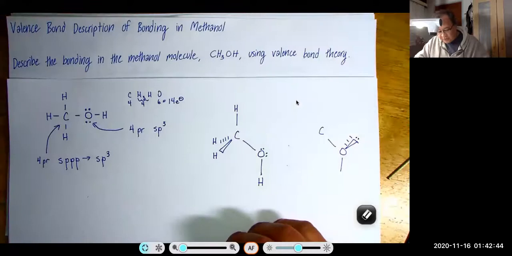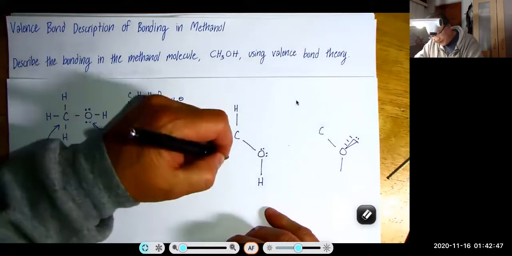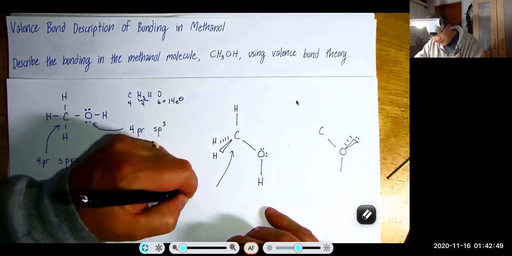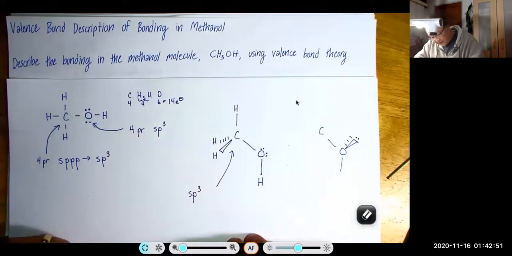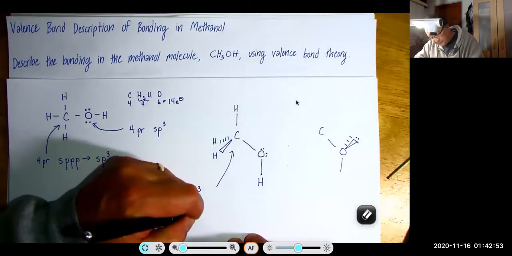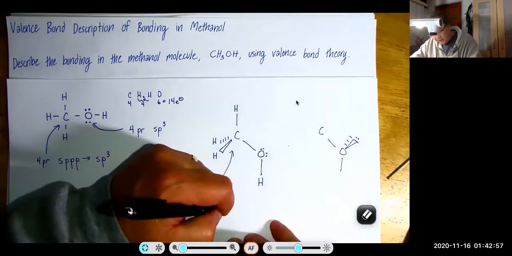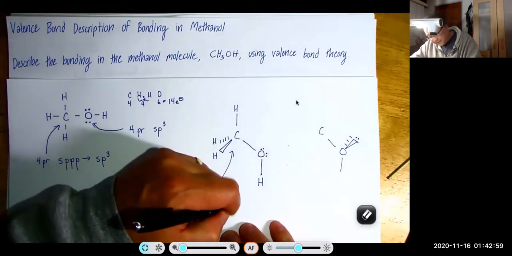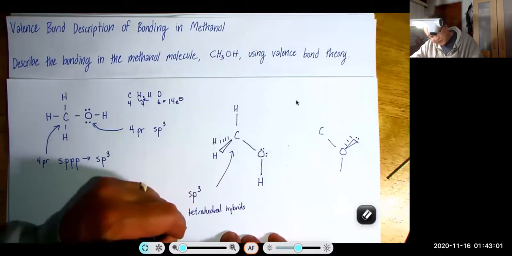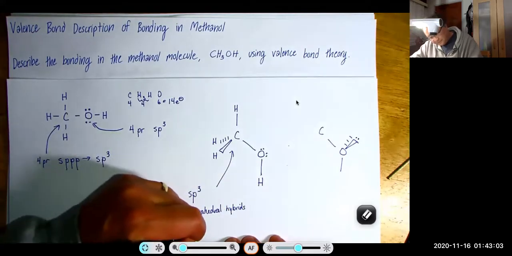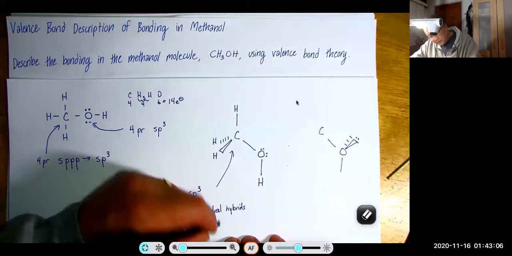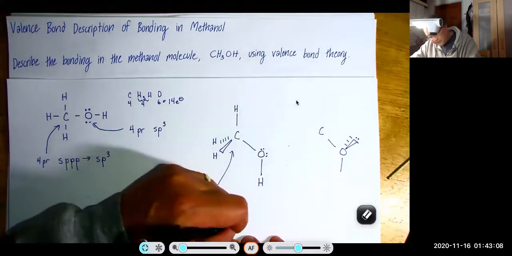And if you wanted to describe it, you'd say this is sp3 hybridized. It's tetrahedral. Tetrahedral hybrids. You would say it's a tetrahedral molecular geometry.